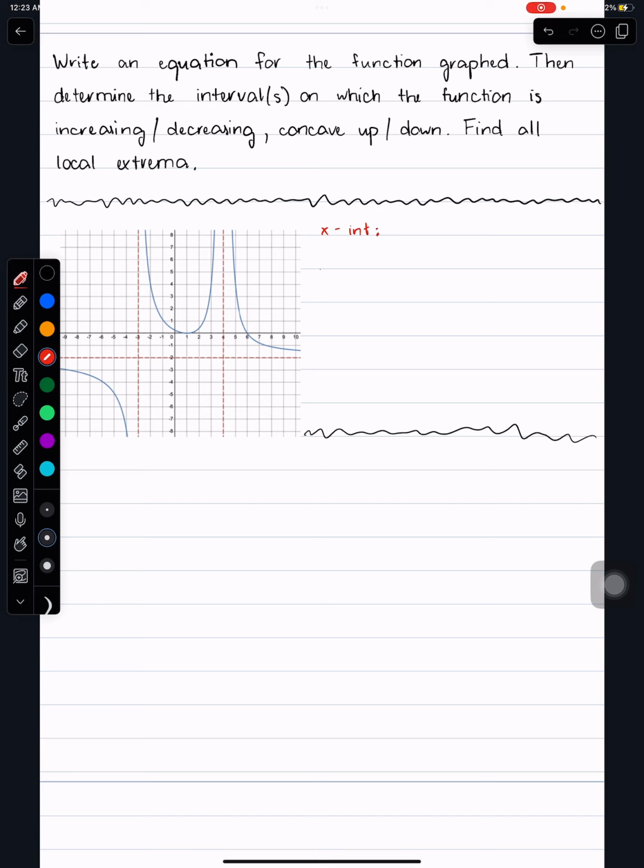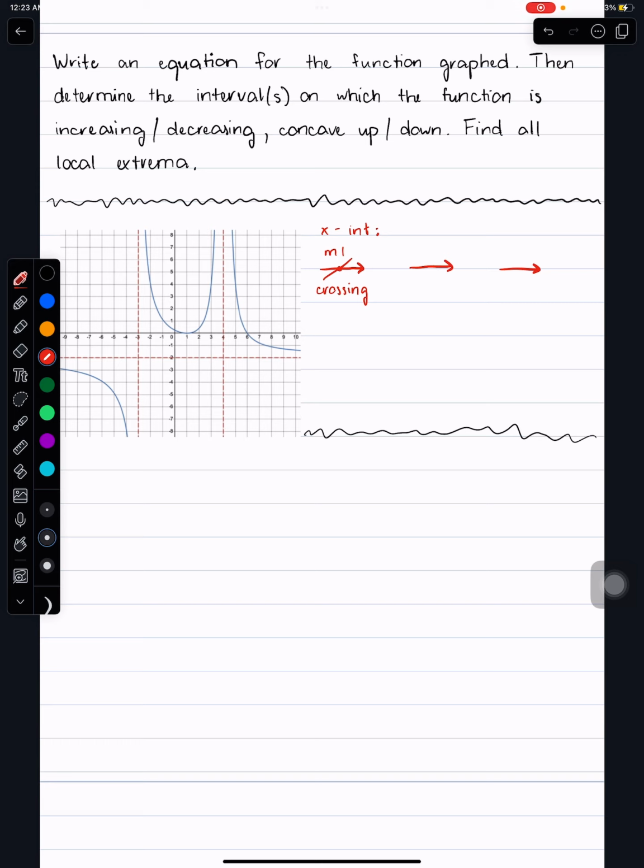Imagine this is an x-axis. The three types would be, first of all, if the graph is crossing the x-axis, then at that x-intercept it has multiplicity of 1.